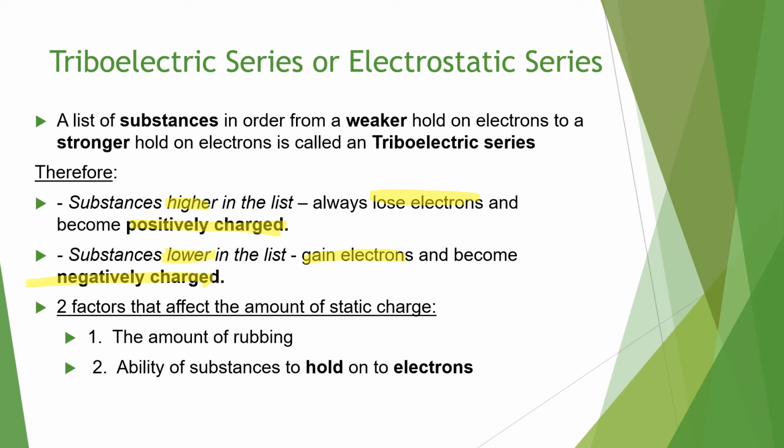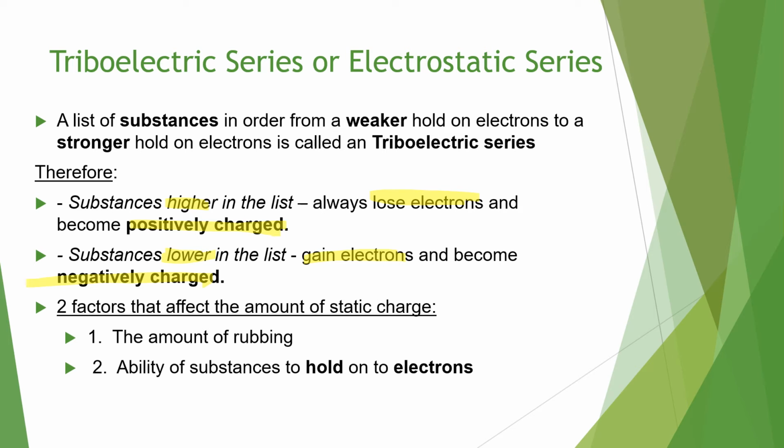So guys, the electrostatic series is a list of different materials. The materials that are higher up on the list just have a tendency when rubbed with another object, so like charging through friction, to lose the electrons.